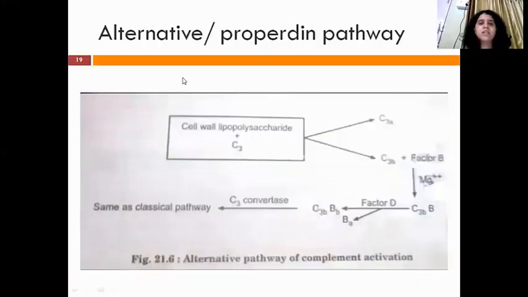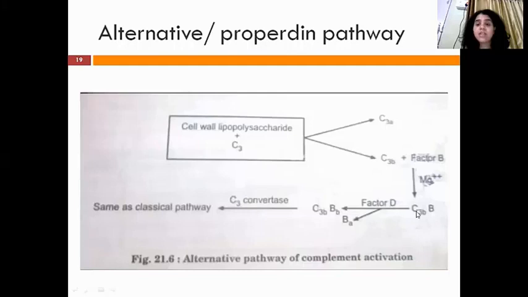Now this is the second pathway by which the complement system gets activated, that is the alternative or properdin pathway, where the antigen-antibody complex is not required. Here what will happen is that the cell wall polysaccharide will directly combine with C3. Then this C3 will get converted into C3A and C3B. This C3B will combine with factor B, and in the presence of magnesium ions it will form C3Bb.